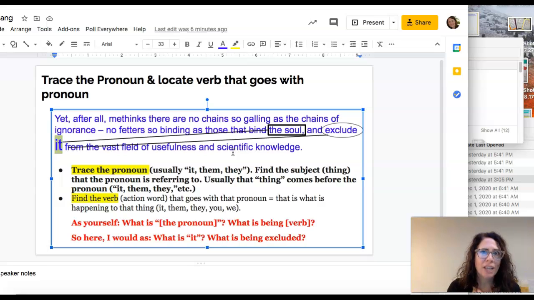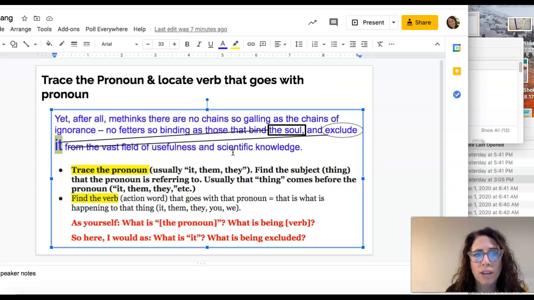And more than that, they exclude us from being useful and having knowledge. So we are useless, right? She's saying we, enslaved people and formerly enslaved people, as she is included in that we, are excluded. Our soul is excluded, she is saying, from being useful and having the opportunity to have this real scientific knowledge.